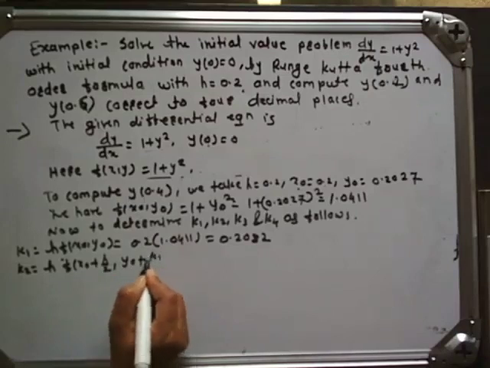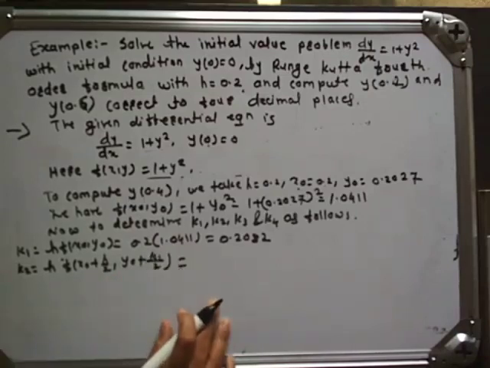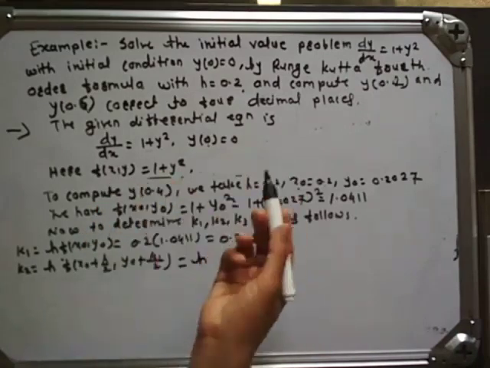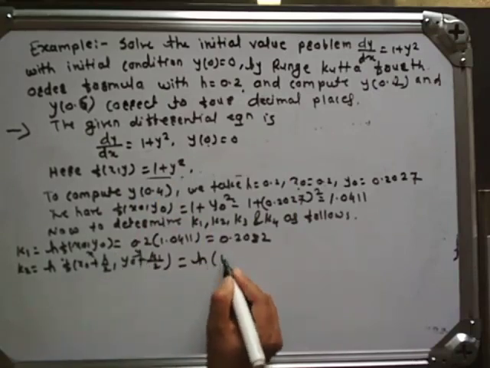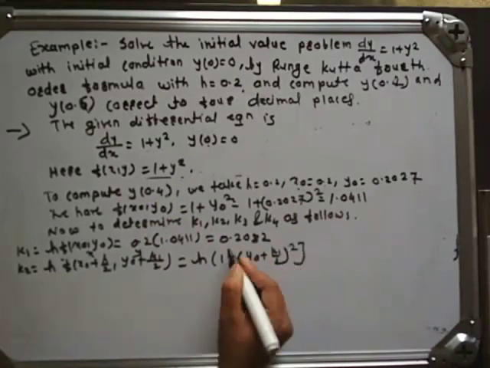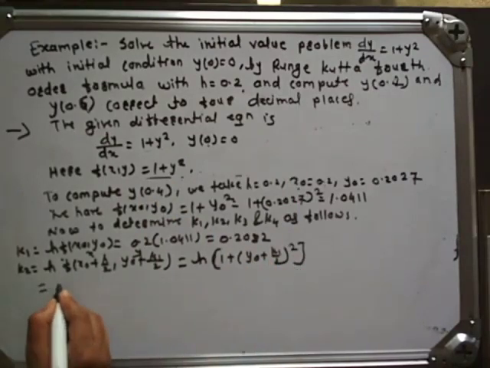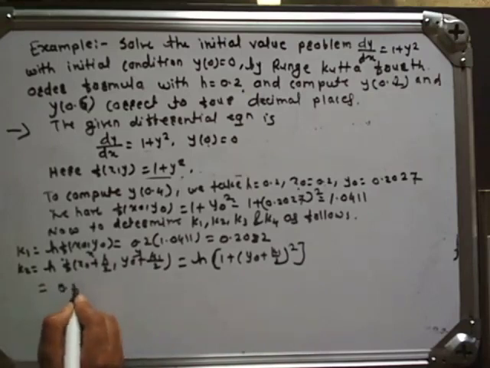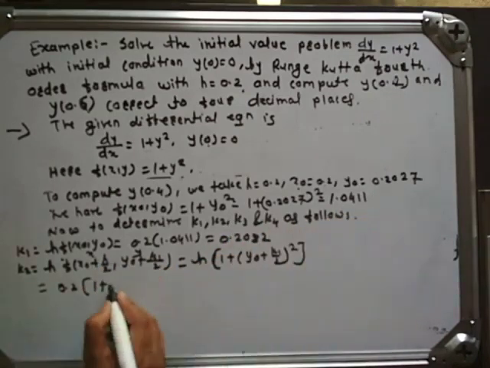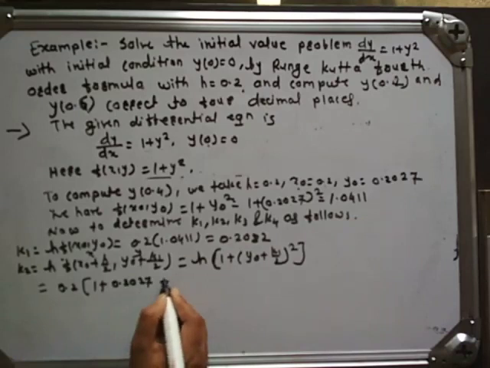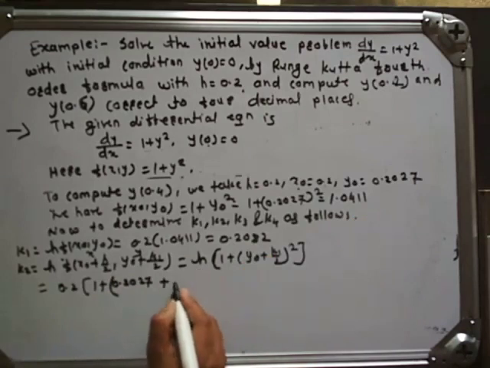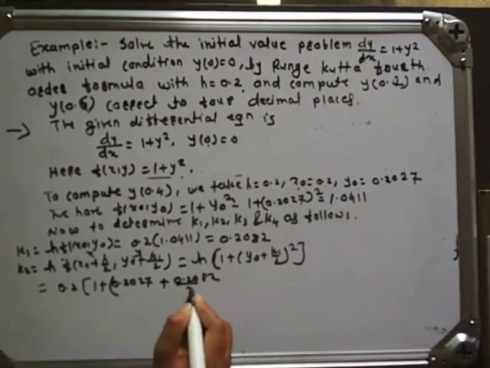So this becomes h into, what is f of x, y? It is 1 plus y square. This is x and this is y. So this is 1 plus y0 plus k1 upon 2 bracket square. Now put values, we will get the answer. h is 0.2, 1 plus, what is y0? y0 is here 0.2027 plus k1 is here 0.2082 upon 2 bracket square.